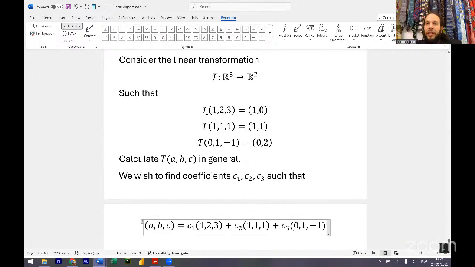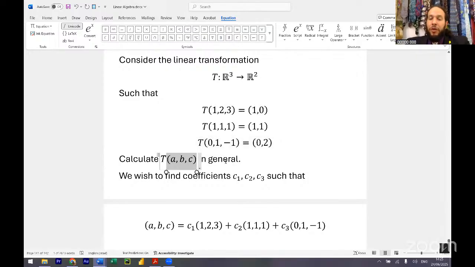Okay, you see? We know what the function does to this vector, to that vector, and the third one. So we wish to create a general vector ABC using a linear combination of these 3. Why is it allowed? Just like we said a moment ago, because this is a basis.